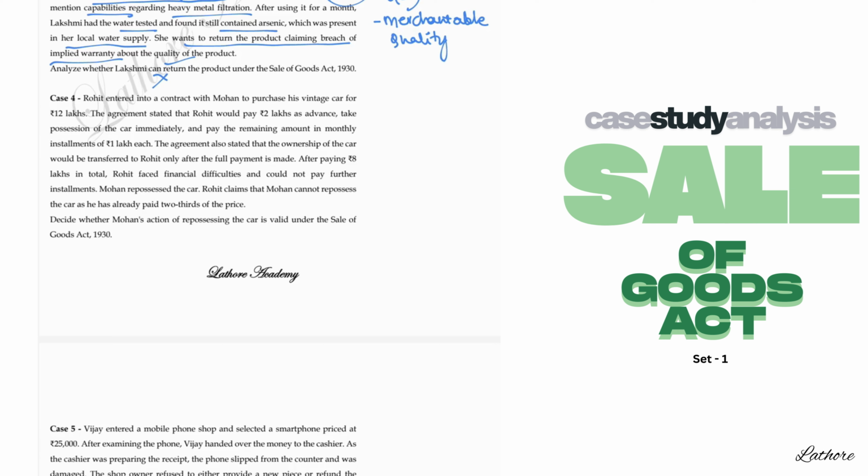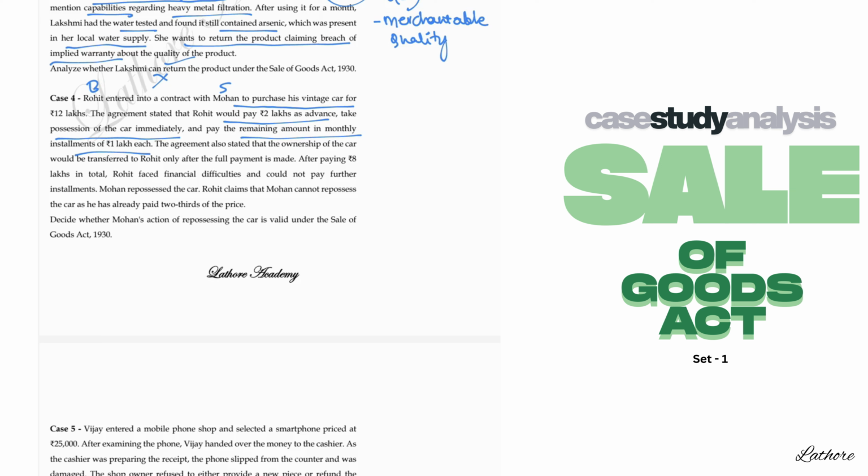Moving on to the next case study, Rohit entered into a contract with Mohan to purchase his vintage car. So Rohit is the buyer, Mohan is the seller, for 12 lakh rupees. The agreement stated that Rohit would pay 2 lakhs as advance and take possession of the car immediately and pay the remaining amount in monthly installments of 1 lakh rupees each.